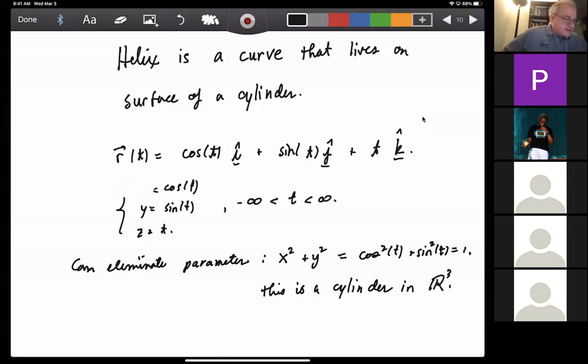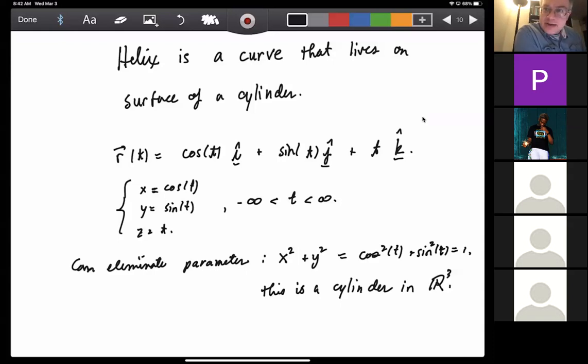So whatever the curve is doing, we know it has to be embedded in this cylinder, x squared plus y squared equals 1. For any particular x and y value, there will be some z values that go along with it. So if we think about it, I kind of need more space.